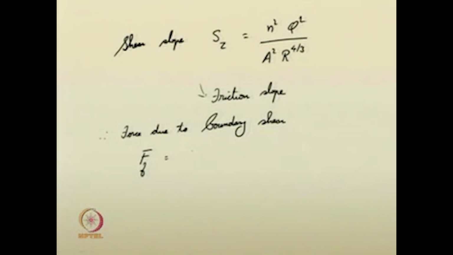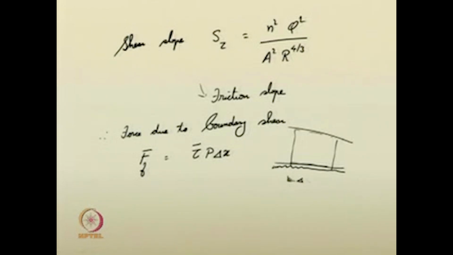This is equal to shear stress into the wetted perimeter into the length. Just recall the figure. Our channel bed is like this, two sections, control volume.